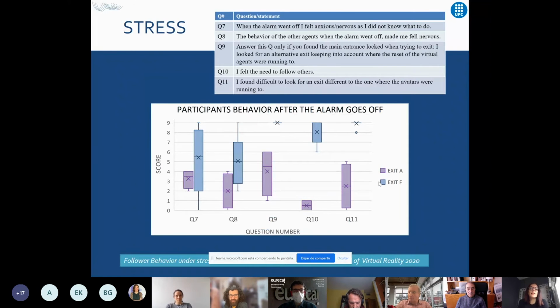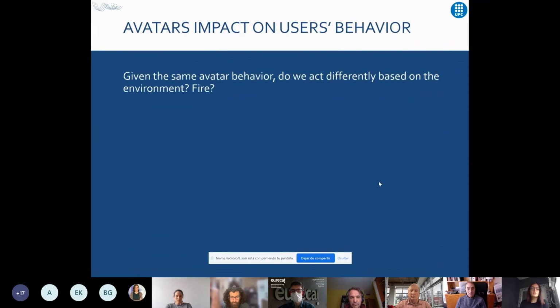We also noticed a correlation between the level of nervousness and the exit choice. Those that reported higher levels of nervousness were more likely to follow the crowd, whereas those that reported being more relaxed and less nervous were the ones that found the alternative exit. So with this experiment, we tested that, yes, people do follow others also in virtual reality.